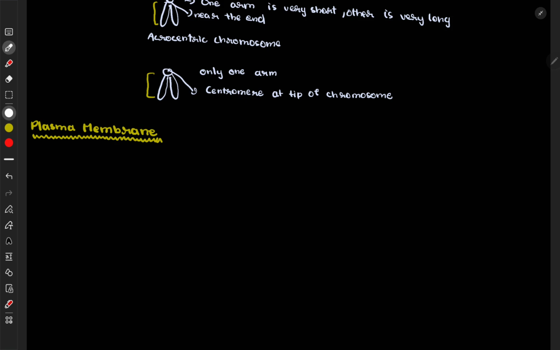What is the plasma membrane? Now, if I have the shell, I'll draw a shell here.